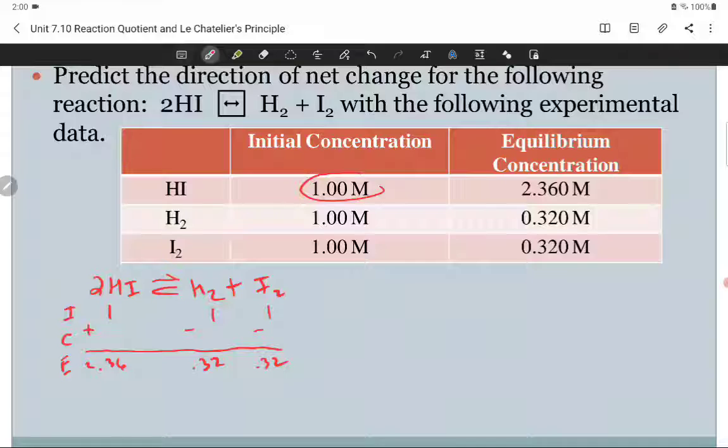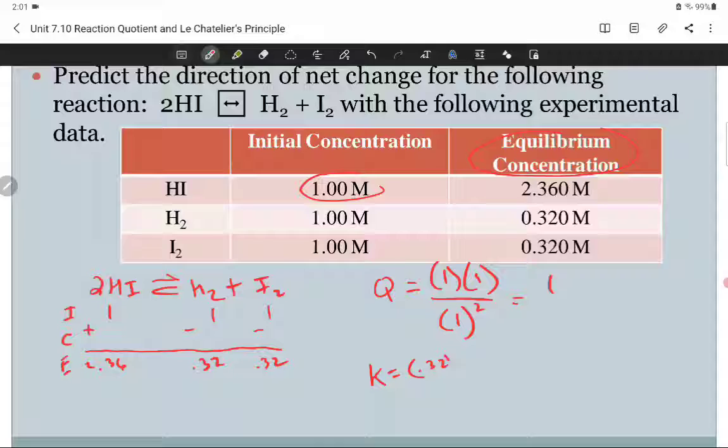Let's practice how we're going to use these Q's and K's. So Q, the reaction quotient, uses initial concentrations. So we have 1 molar of the H2, 1 molar of the I2 divided by 1 molar of the HI, but remember that is a coefficient of 2. That's not going to make any difference for this one. So Q equals 1 in this case. K would be, again, everything but using equilibriums this time.